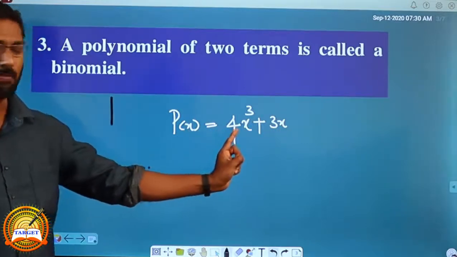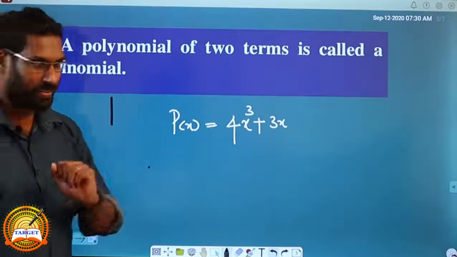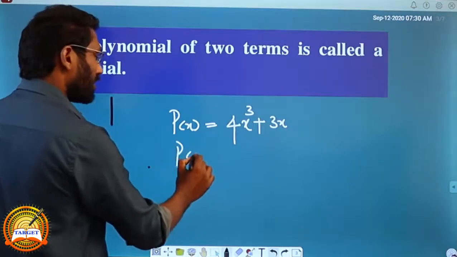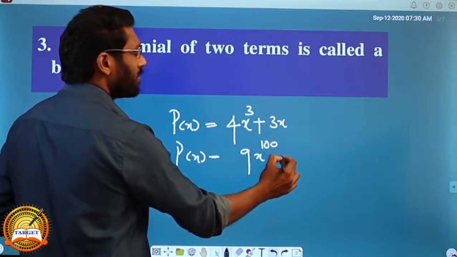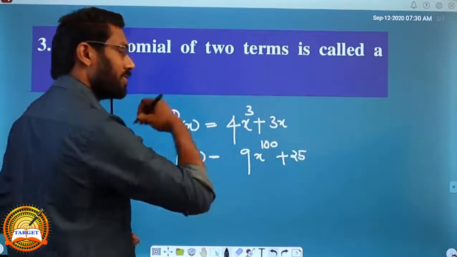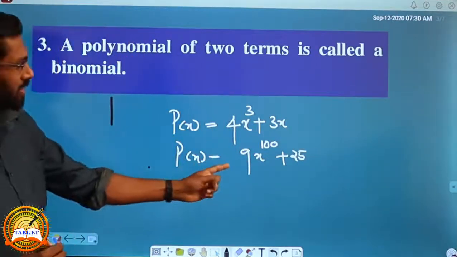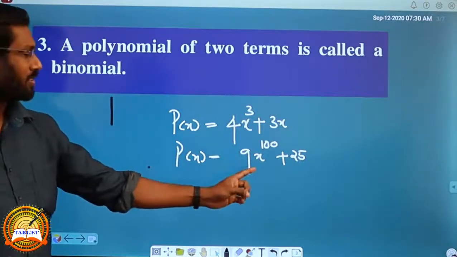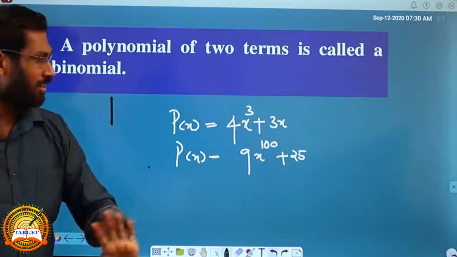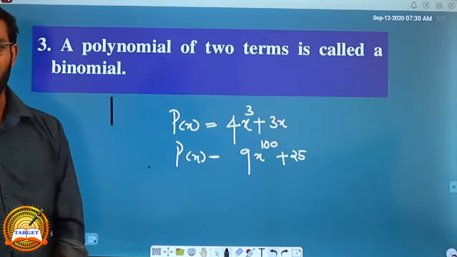Therefore, this is an example for a binomial. Another example, p of x equals 9x raised to 100 plus 25. Look at this, here also p of x contains only two terms, so this is also a binomial. In this way, we can write any example for a binomial.